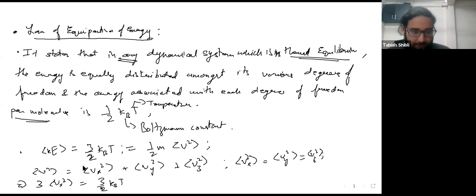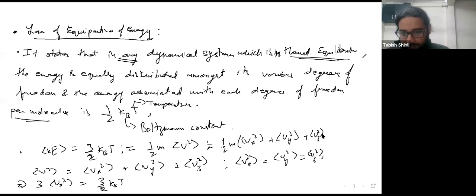ये average V squared की वैल्यू उठा के यहाँ से डाली है. So I have written this as average of Vx squared plus average of Vy squared plus average of Vz squared. And we've used this second equation to say that this is equal to this is equal to this. इसको vx बोल दिया, इसको vy बोल दिया, इसको भी vx बोल दिया.